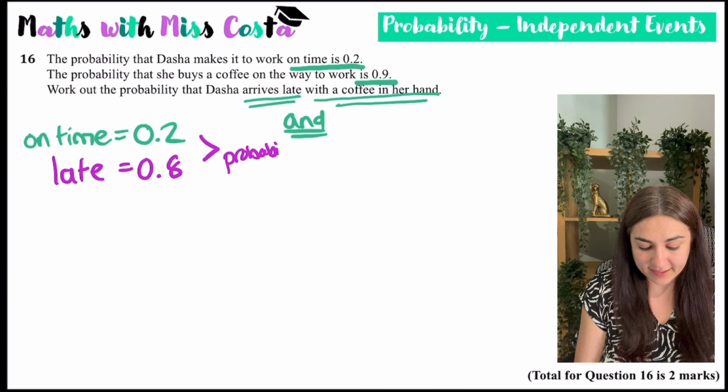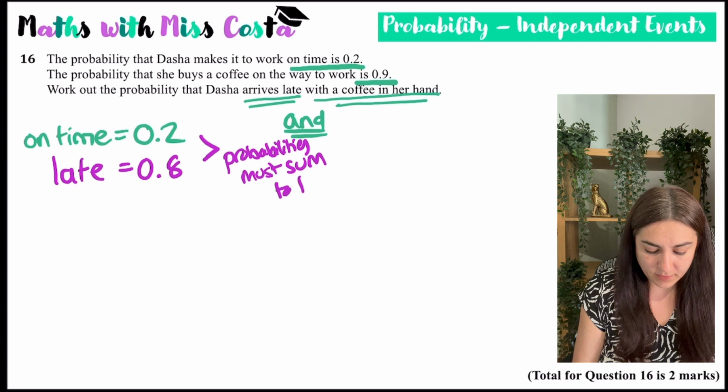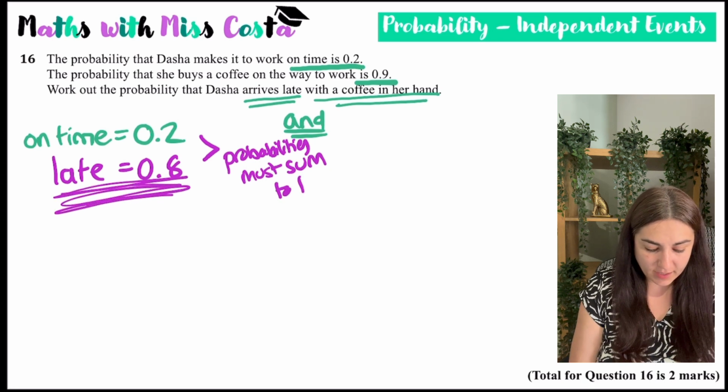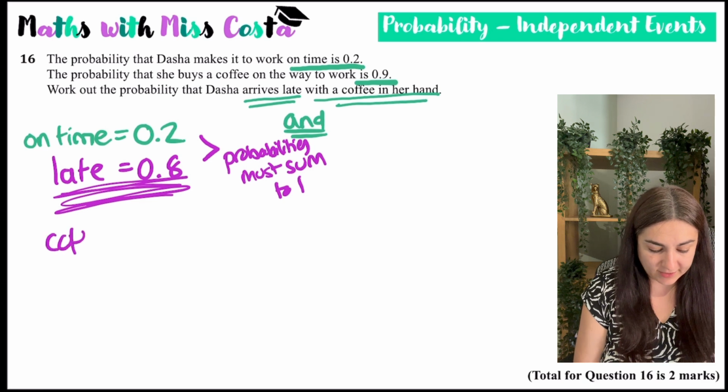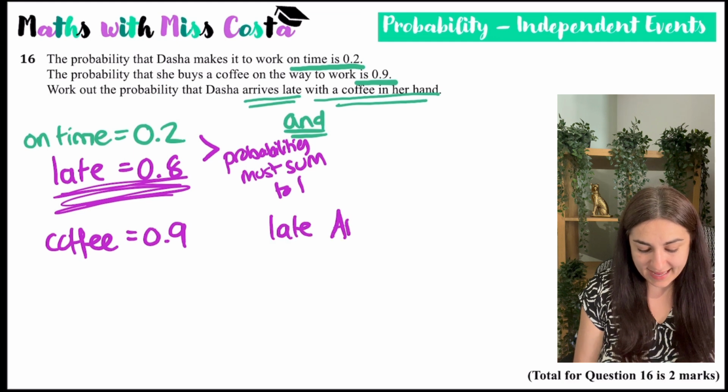Probabilities must always sum to 1 if it's an event happening and not happening. So the probability that she arrives late is 0.8. The probability that she gets a coffee is 0.9. I need to work out the probability that she arrives late and has a coffee in her hand.